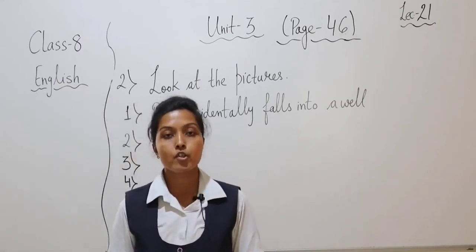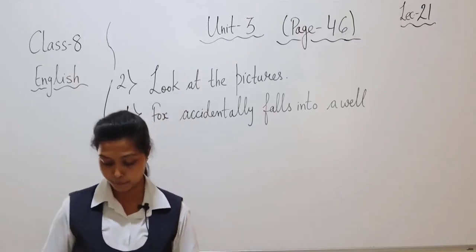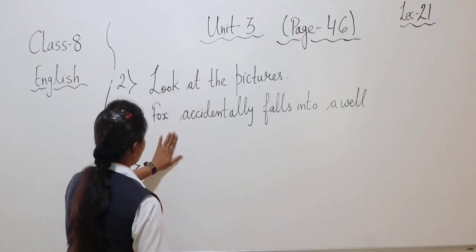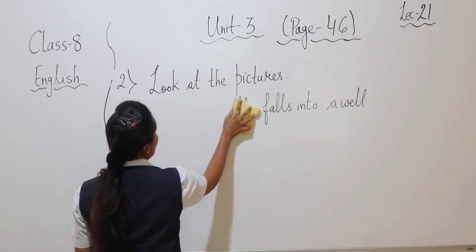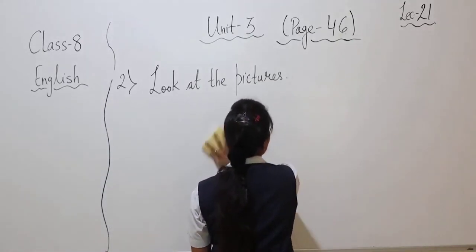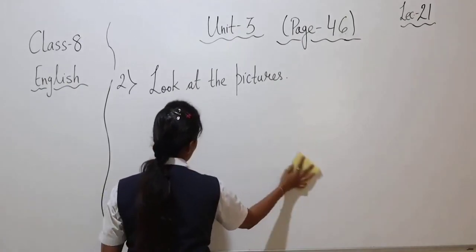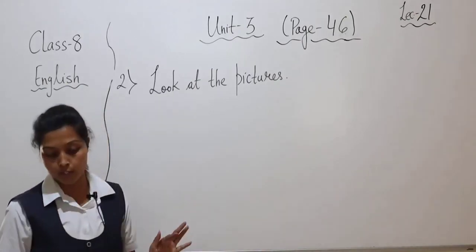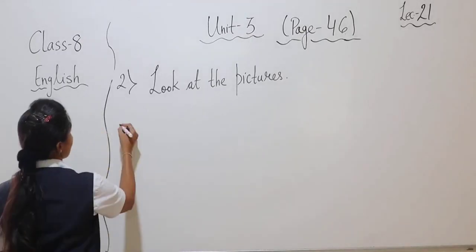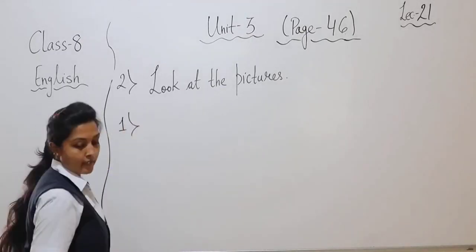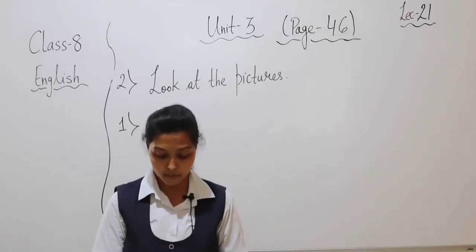Now the first question. After writing all these sentences, you compulsorily have to write all these points from your textbook in your notebook. Then the first one given is: ask one another questions.